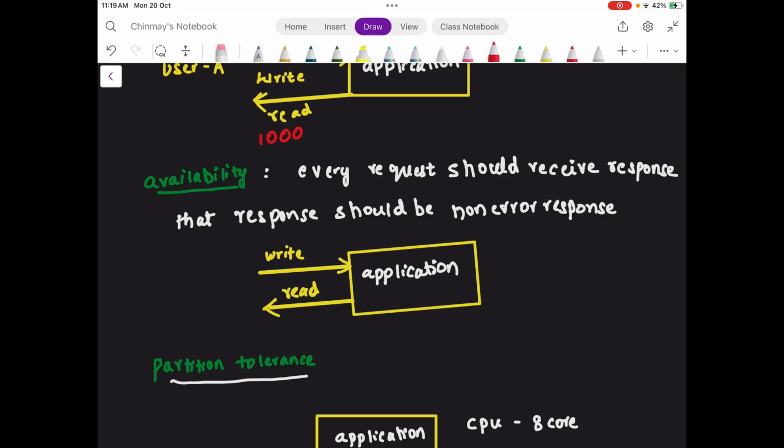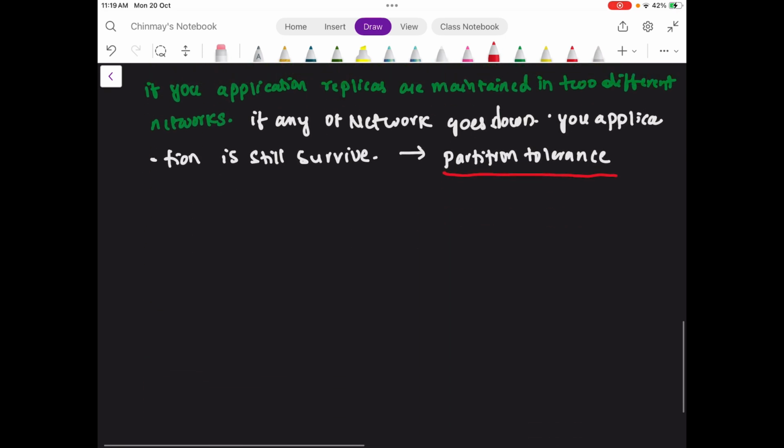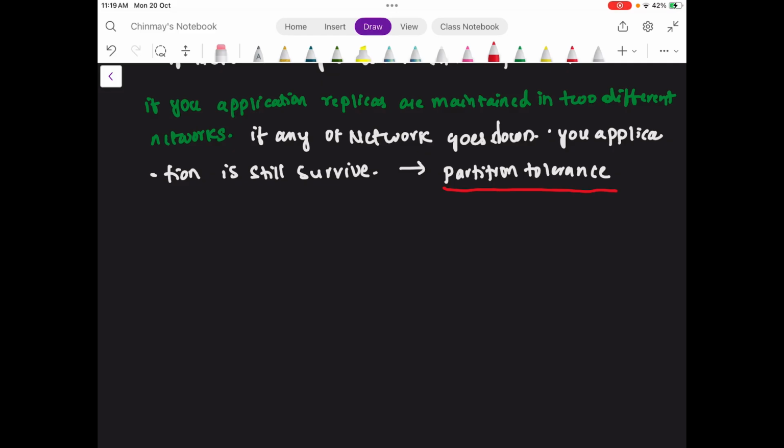Okay, this is what CAP denotes. Now let's discuss what the CAP theorem says.